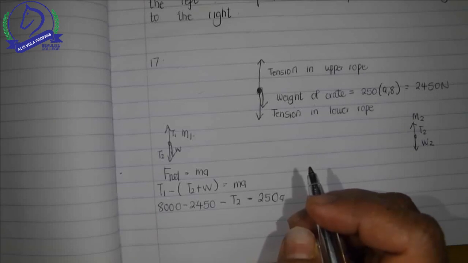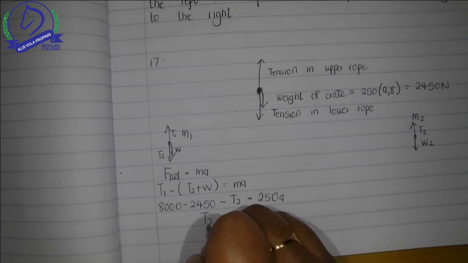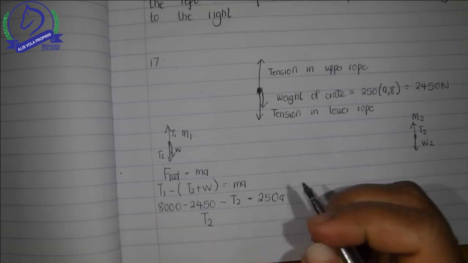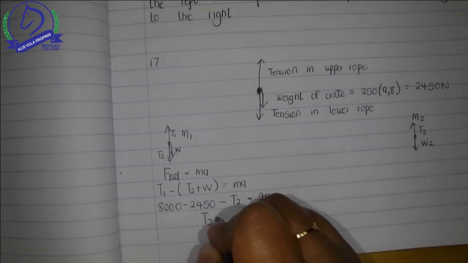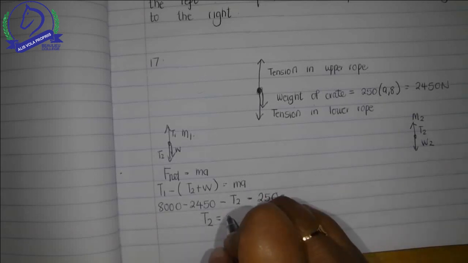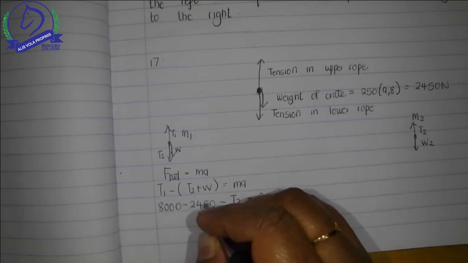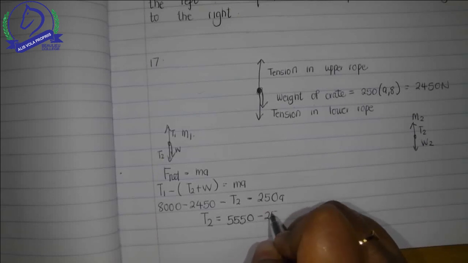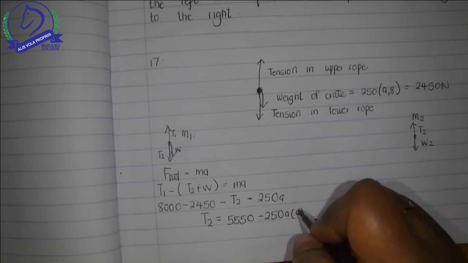So the question is, you need to determine the tension. If I make T2 the subject of the formula, I would get T2 is equal to 5550 minus 250A. Equation 1.